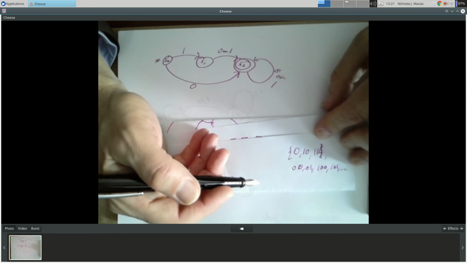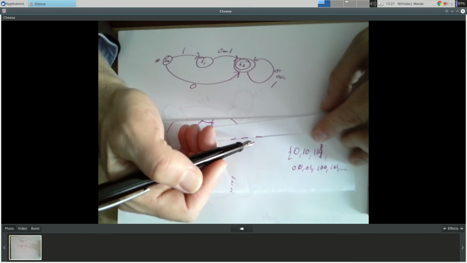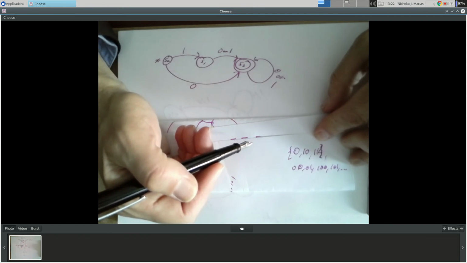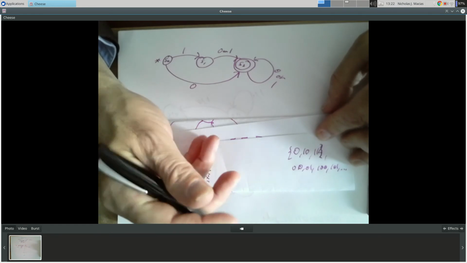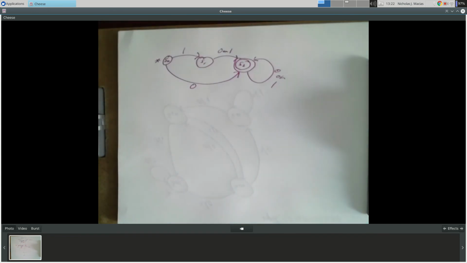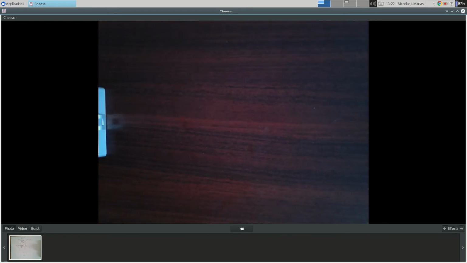It's basically any string that starts with either a 0, or a 1 0, or a 1 1, followed by any pattern of ones or zeros, which is kind of like any string. Okay, you get how that works, right?